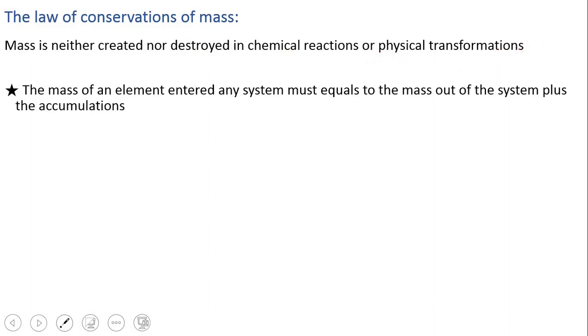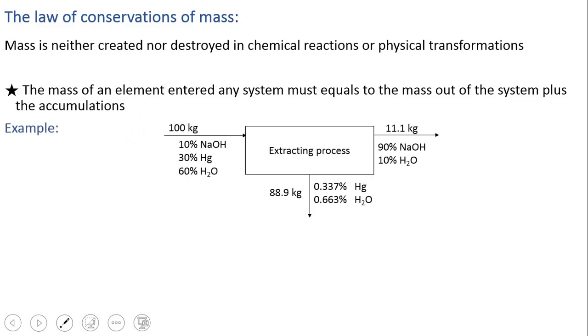To put it in simple words, the mass of an element entering any system must equal the mass out of the system plus the accumulation. If the system is steady state, there is no accumulation, so the mass in must equal the mass out. So let's have an example to illustrate.